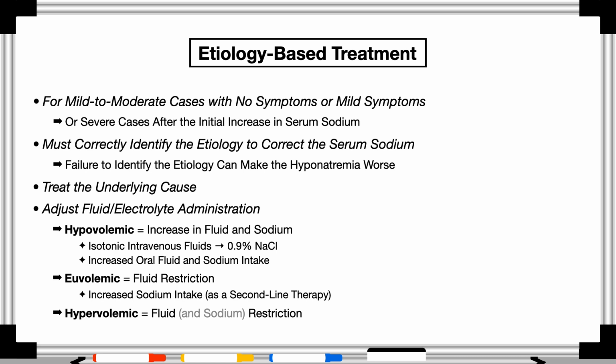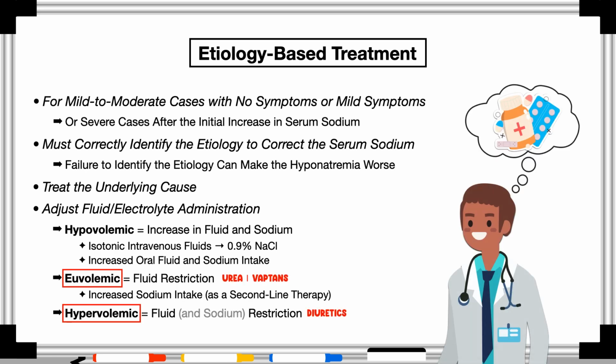Finally, patients with hypervolemic hyponatremia require a fluid restriction, and in some but not all publications, a sodium restriction is recommended too. A physician also has options for medications to restore fluid and electrolyte balance. Examples include urea and vaptins for euvolemic hyponatremia, and diuretics for patients with hypervolemic hyponatremia.